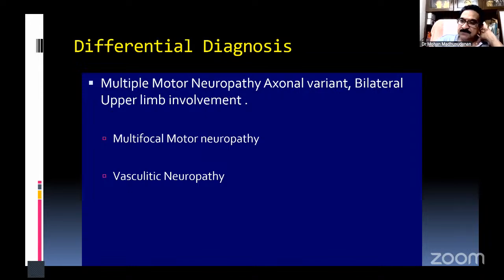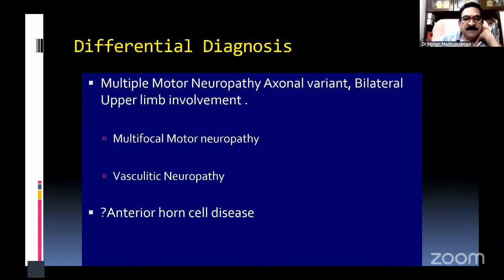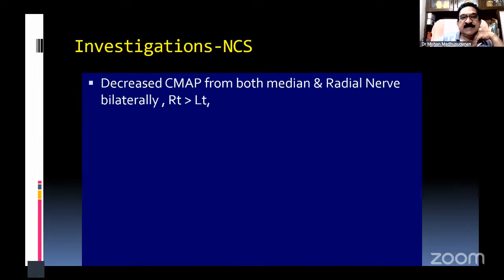So what investigation do you require now? NCS, sir. Okay, NCS. The other possibility, as you said, could be anterior horn cell disease because it is pure motor, but being subacute in onset with relatively rapid progression, it is more likely to be a multiple motor nerve problem. So NCS was done.